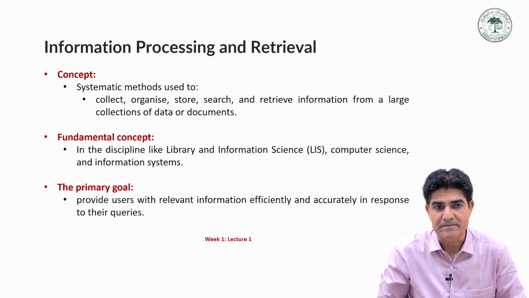It is a fundamental concept in many disciplines including library and information science, computer science, and information systems. The primary goal of information processing and retrieval is to provide users with relevant information efficiently and accurately in response to their information needs and in response to their query.